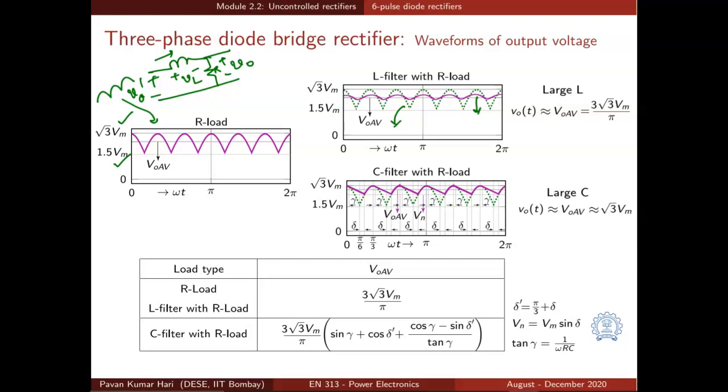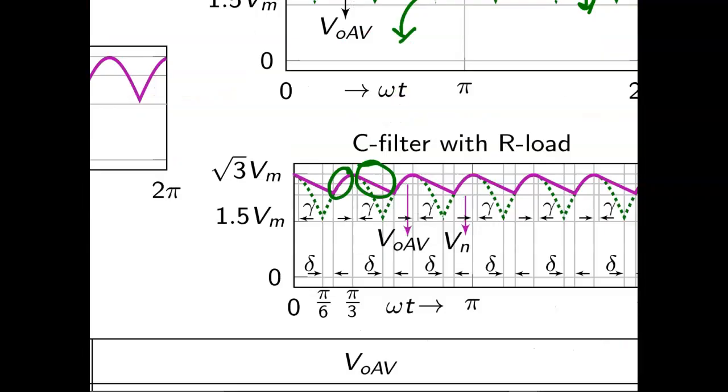When we have a capacitive filter with R load, the output voltage will again be a periodic function at 300 Hz, but it will be either sinusoidal or an exponential fall. The sinusoidal portion of this waveform will be one of the line to line voltage waveforms. The sinusoidal voltage appears at the output whenever diodes are conducting. That can be seen from this zoomed figure.